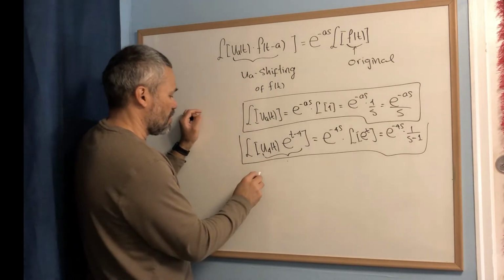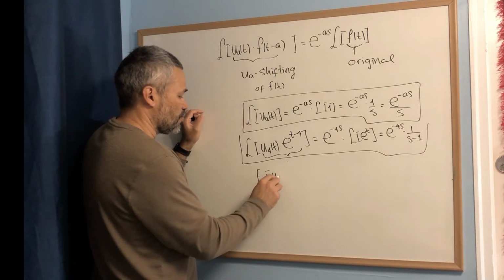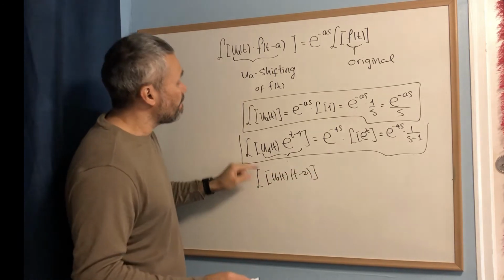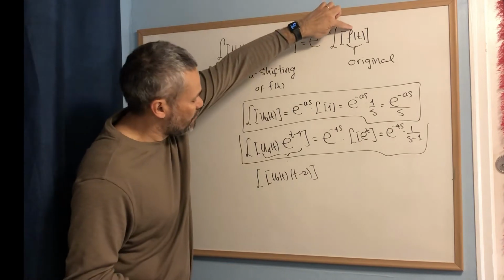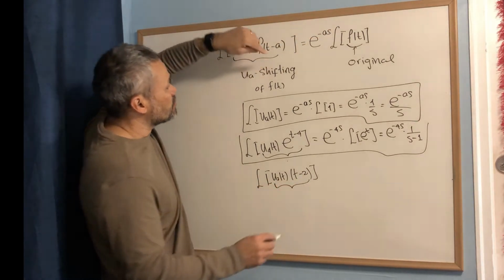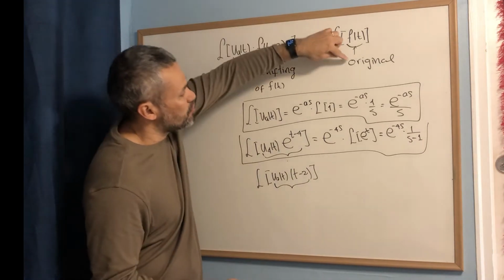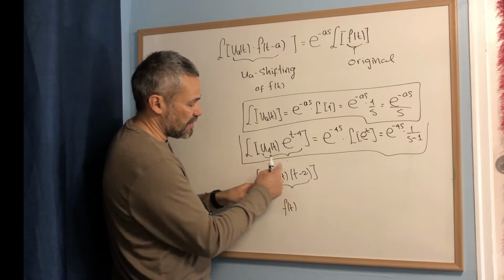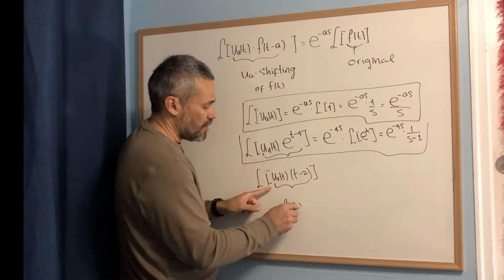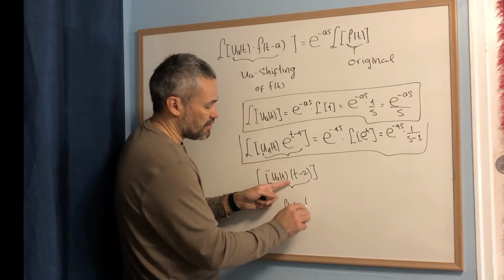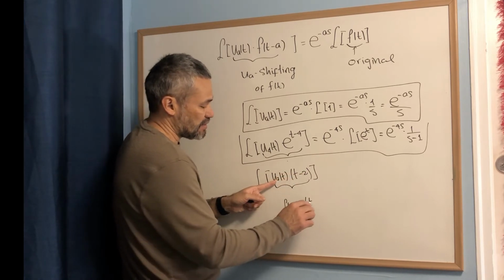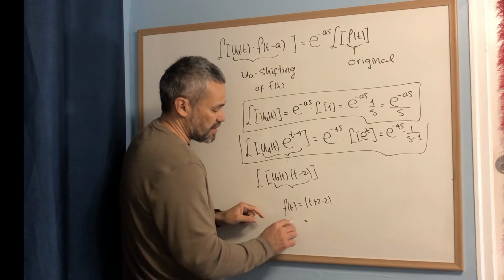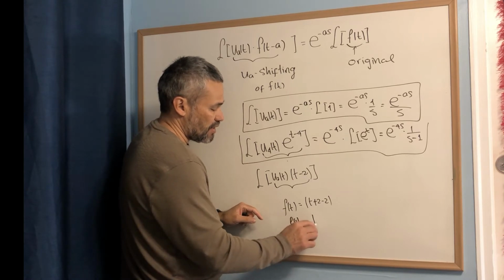Let's do the Laplace transform of u2 of t times t minus 2. Then the question is, what is the function f of t? What is the original? To move from the UA shifting of a function to the original, we forget about this part. The original doesn't have the u2 of t part, and anytime you see that t here, you replace it by t plus a. In this case, it's t plus 2 minus 2, and that means that the original is just f of t equal t.